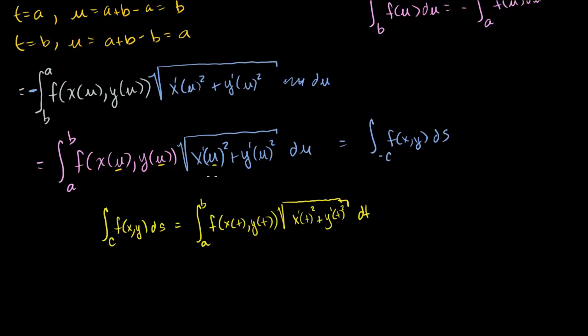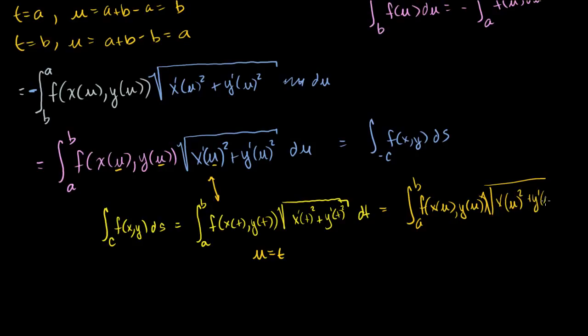These integrals are the exact same integrals. If you just make the substitution u is equal to t, this is going to be the integral from a to b of f of x of u, y of u, times the square root of x prime of u squared plus y prime of u squared du.